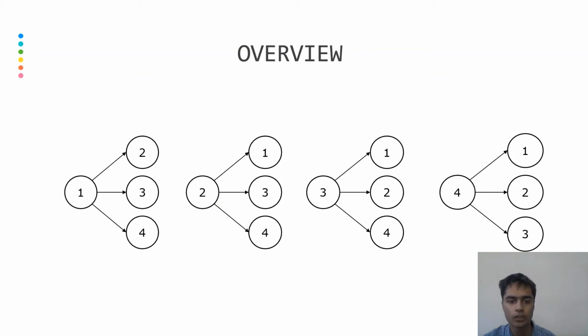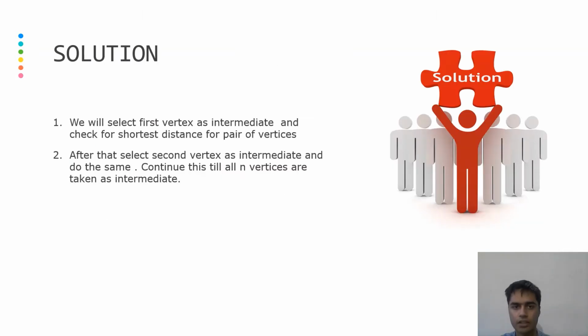Now the shortest distance can be a direct edge, like here it can be a direct edge between 1 and 2, or it can be through an intermediate vertex, suppose 3. So the shortest distance can either be a direct edge or it can be through an intermediate vertex or vertices. So as discussed, besides checking for the direct edges, we have to also check for the distance via an intermediate vertex or vertices.